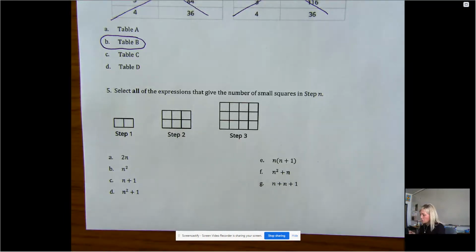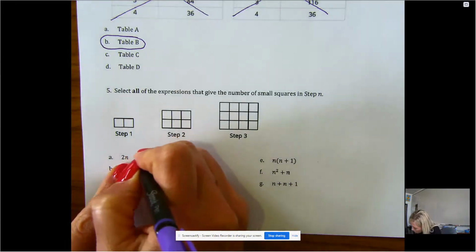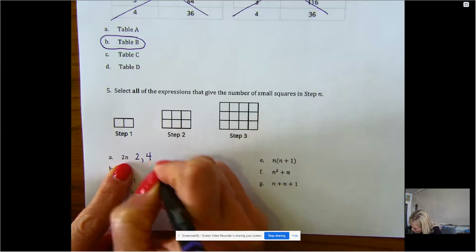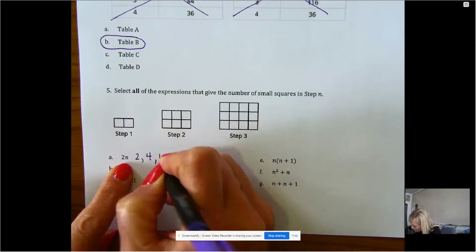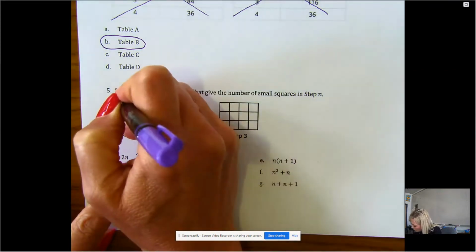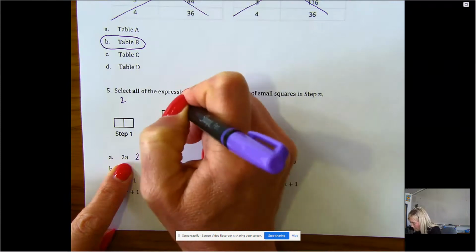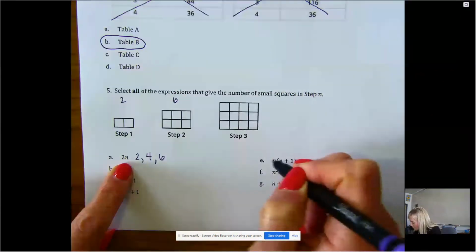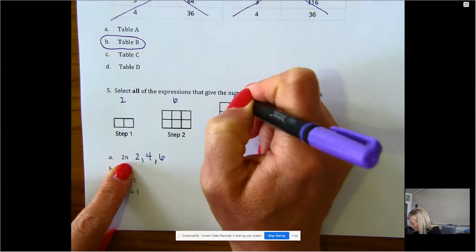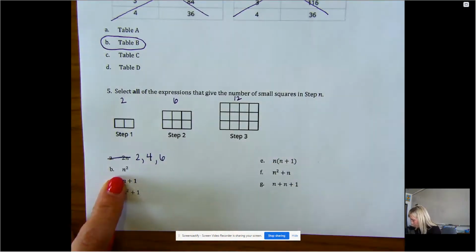If it was 2n, then step 1 would have 2 squares, step 2 would have 4 squares, and step 3 would have 6 squares. But if I look at this, step 1 does have 2, but step 2 has 6 squares, and step 3 has 12 squares. So it can't be 2n.